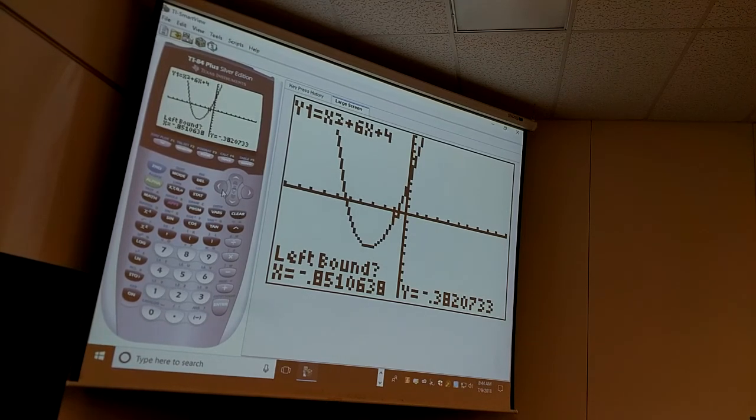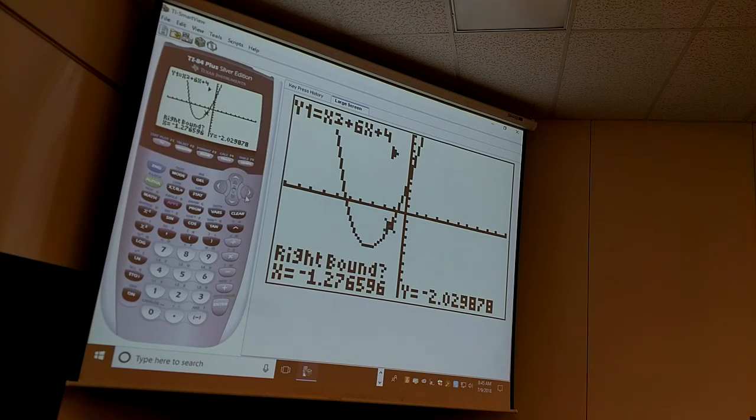It's like The Fugitive: the guy escaped, and they had to have a search perimeter, so they had to know how far to search in. So I'm trying to tell the calculator how far to search for this thing. I'm going to go a little left of the answer, hit enter. Then I'm going to go a little right of the answer. Bam. And then I want to try to get right on the answer for my guess. Bam.